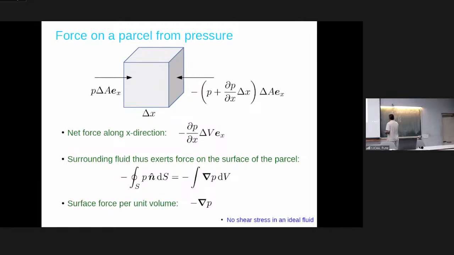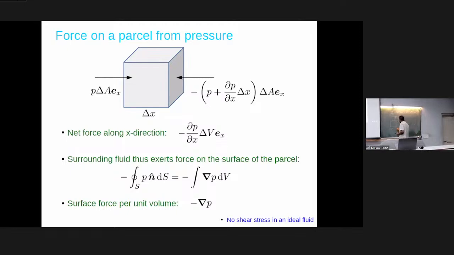So again, if this is my one side and this is my other side, let's put it like that. P is here, P as a function of x, and this is a location which is x plus delta x away, right?